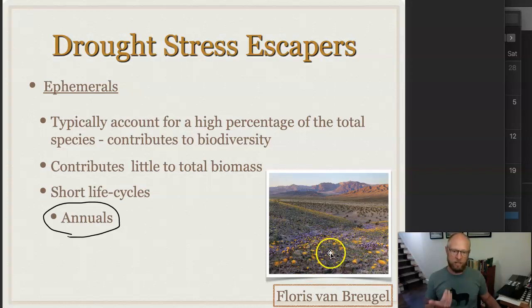But even in this year where you see that much biomass, it's not contributing a ton of biomass to the desert ecosystems. Most of that productivity is from the perennial plants that are hanging around year after year. There are some examples in really harsh deserts where no perennial plants can survive either. Then the biomass comes from the annual plants, because that's the only strategy that works in places with really harsh and frequent disturbance.